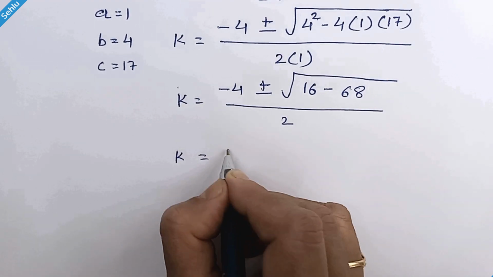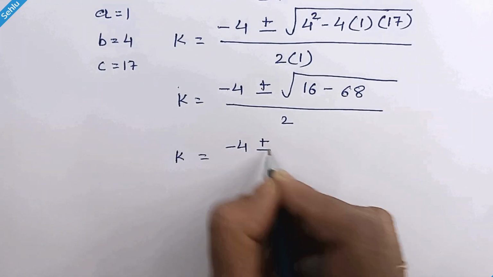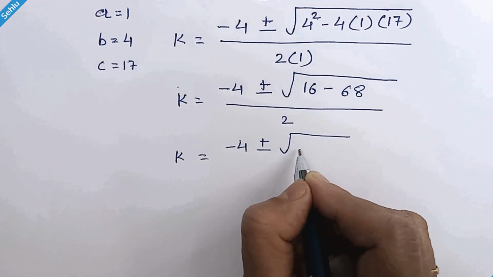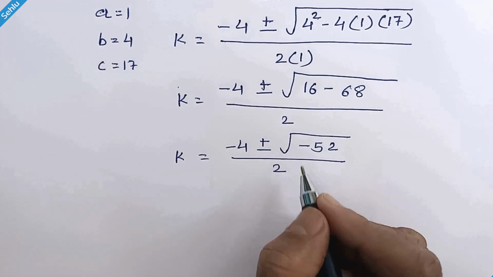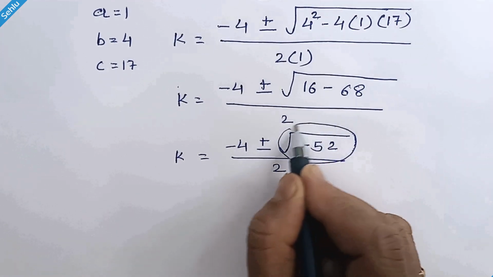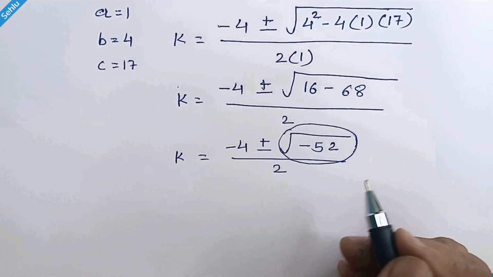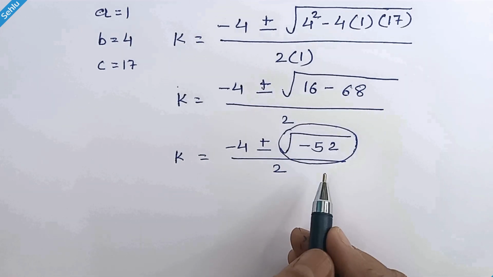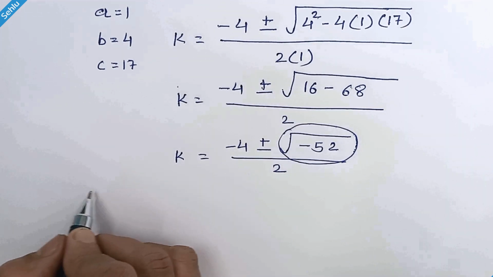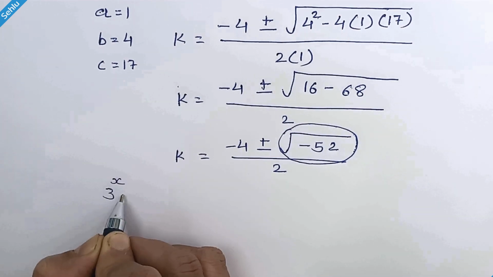So k = (−4 ± √−52) / 2. The discriminant here is negative, so there are no real roots of this equation. And we will continue with result 1, which is 3^x = 4.